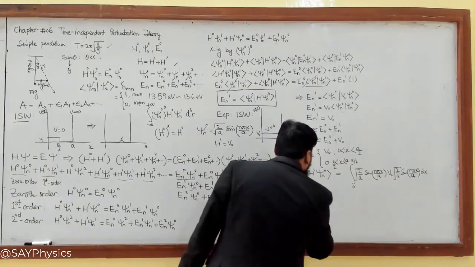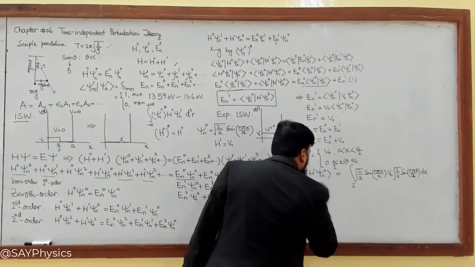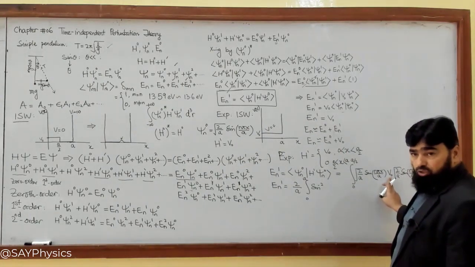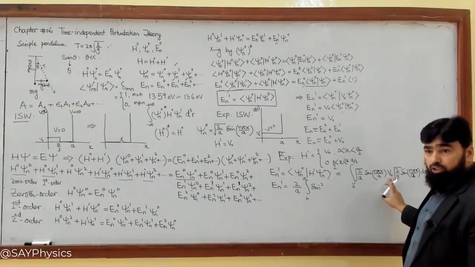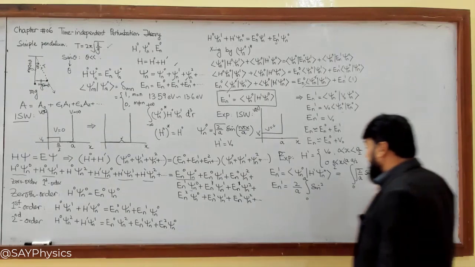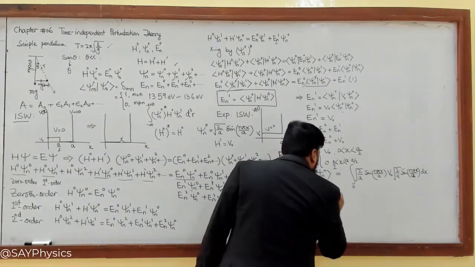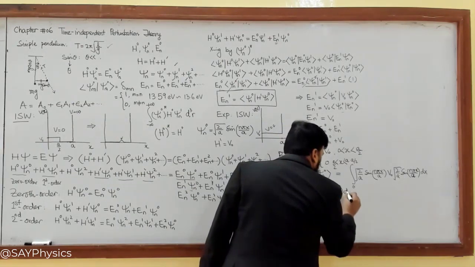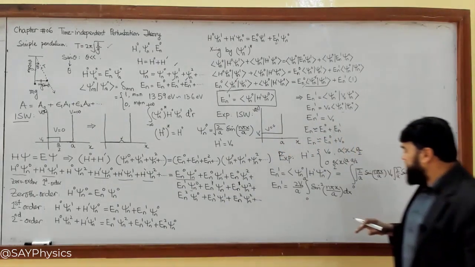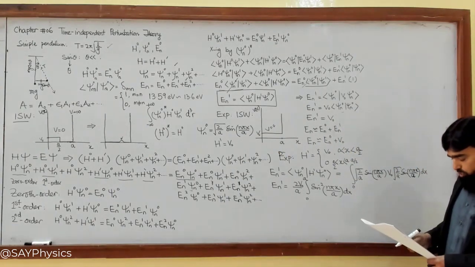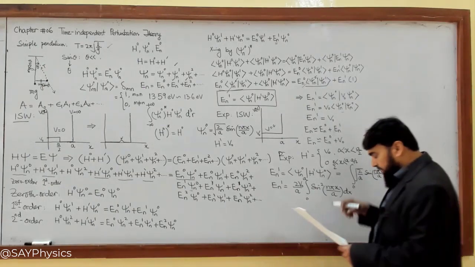So it will become sine square, because V naught here is not any derivative or a function that you will have to apply. So I will write 2V naught here and sine n pi x over a and dx here. So this is our integral now.